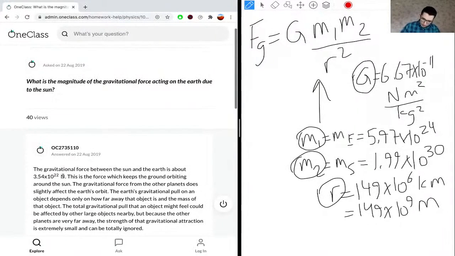So we get 3.57 times 10 to the 22 newtons.